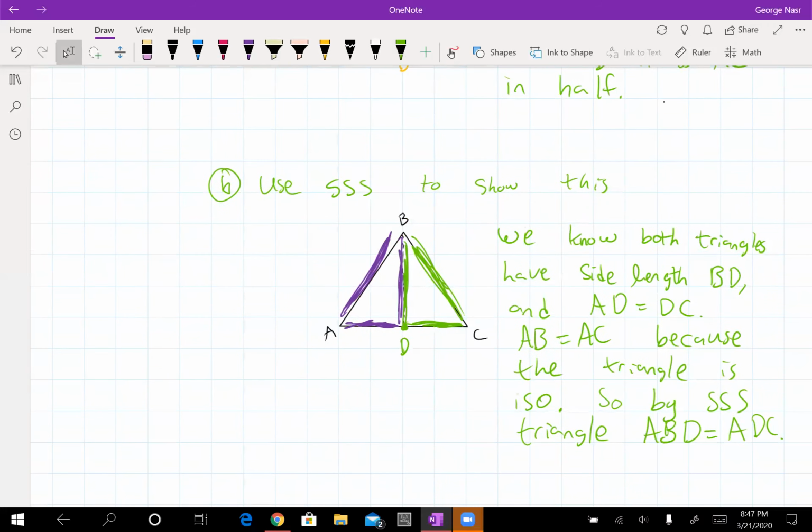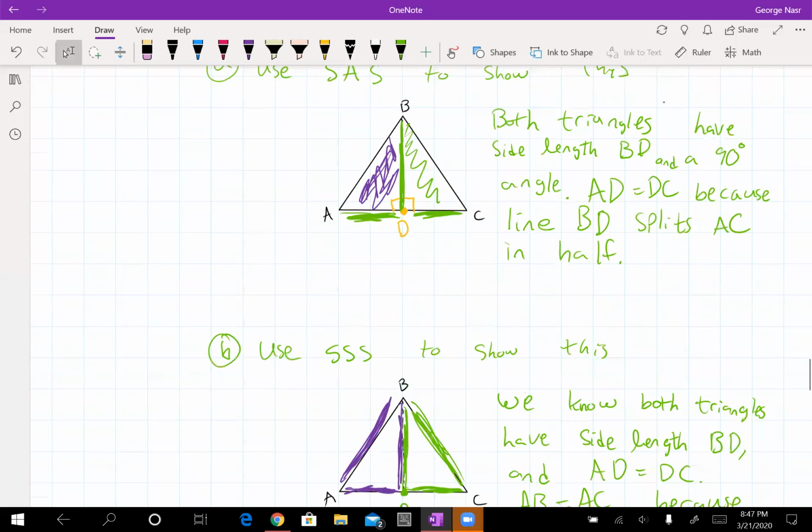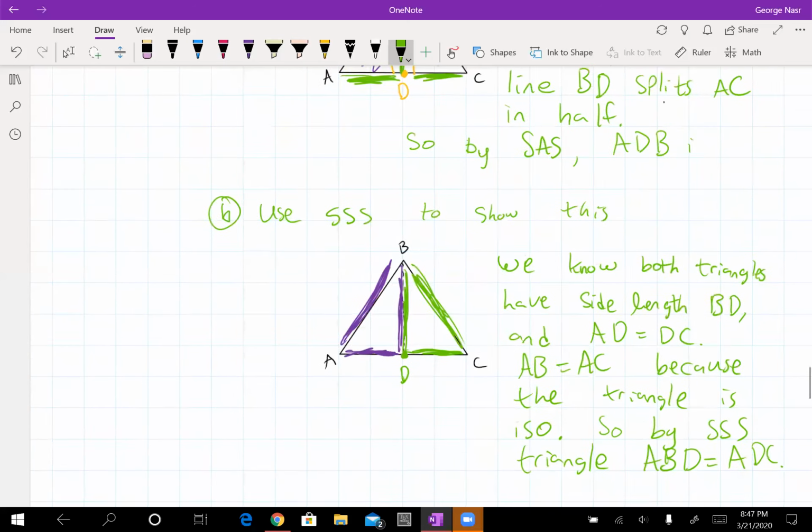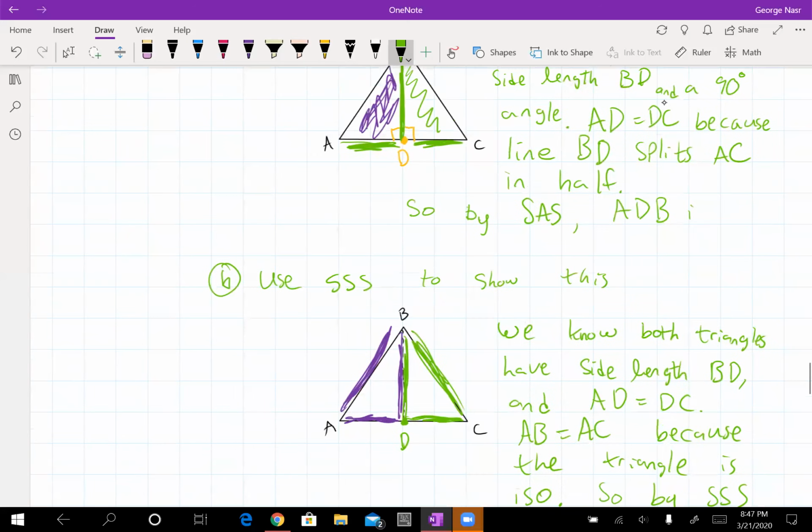And actually, in this prior problem above, I should have concluded by saying, so by SAS, ADB is congruent to ADC.